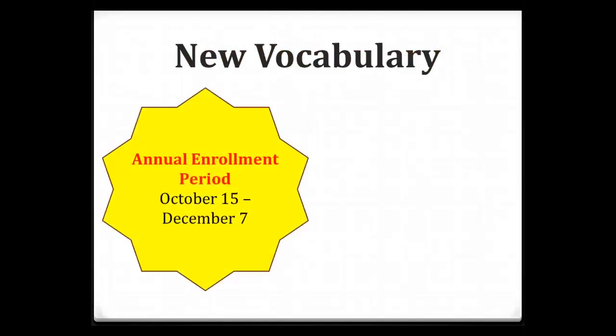We now need to refer to October 15th through December 7th as the annual enrollment period, or AEP. We used to be able to interchange that with open enrollment. We need to stop doing that. We need to start calling it the annual enrollment period, October 15th through December 7th.